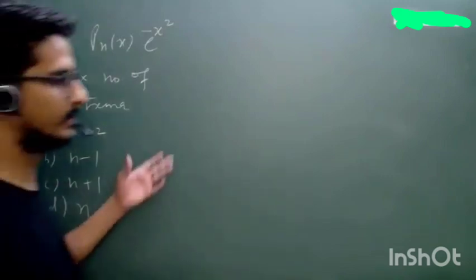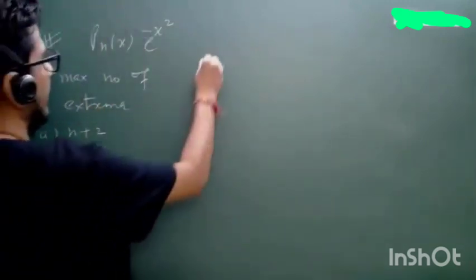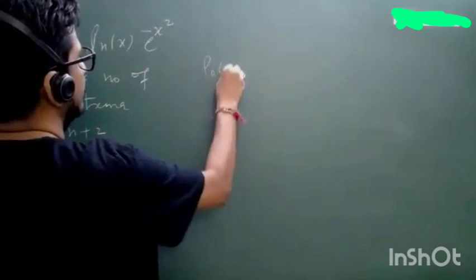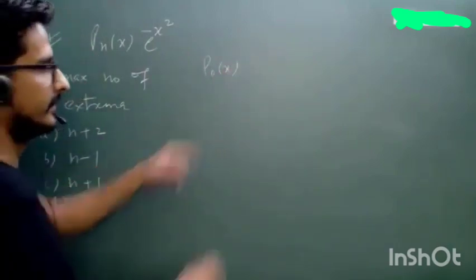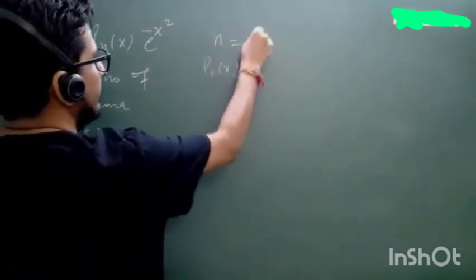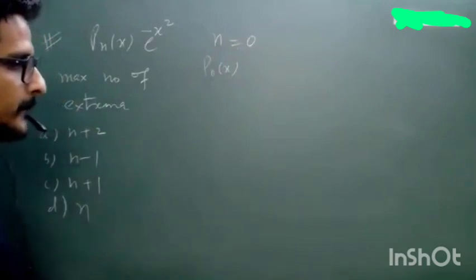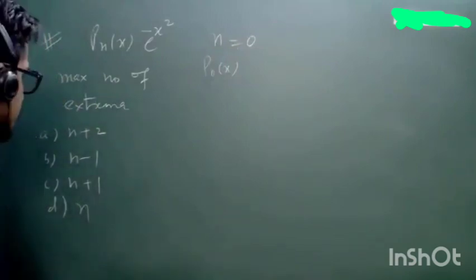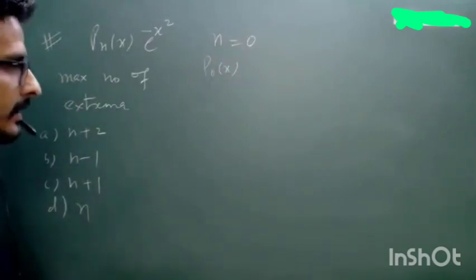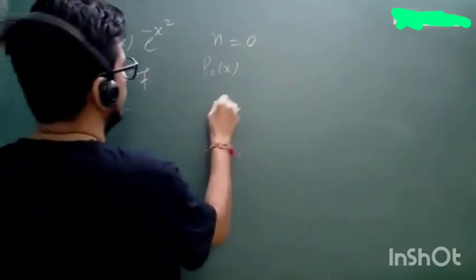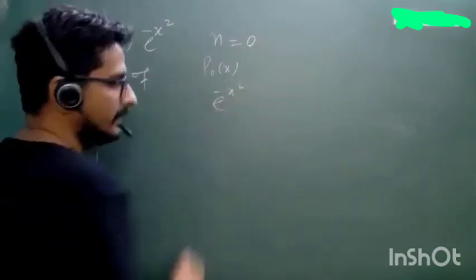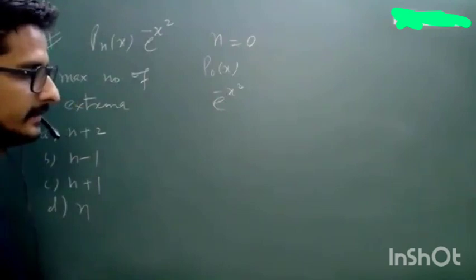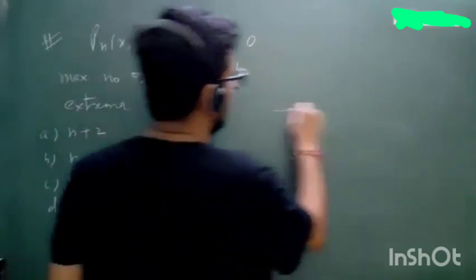Now see, I will do it in a very simple way. I will take this P_0(x), n is equal to, what will I take? 0. Are you understanding my point? So what will this become? e to the power minus x square. Yes, and this is the Gaussian function.